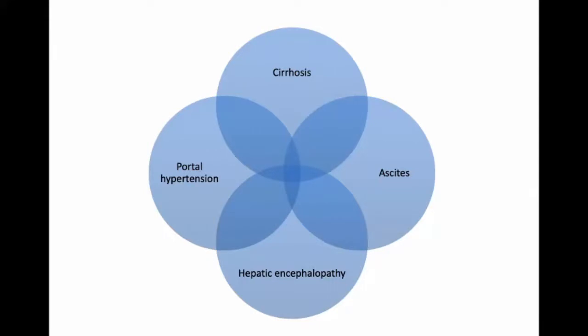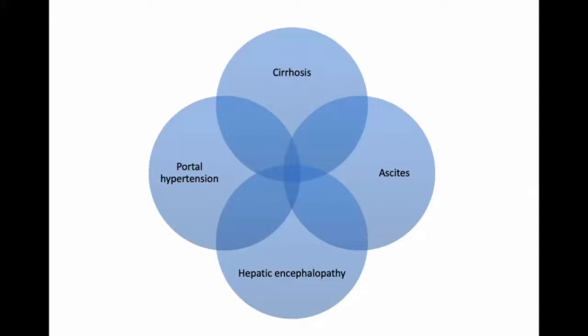So today, although I'm supposed to talk about only two circles, the portal hypertension circle and the hepatic encephalopathy circle, I will also address ascites to some extent, because it's a little difficult to leave it out completely. But I'm not going to talk to you about cirrhosis today, because that will be far too much to talk about in one lecture.